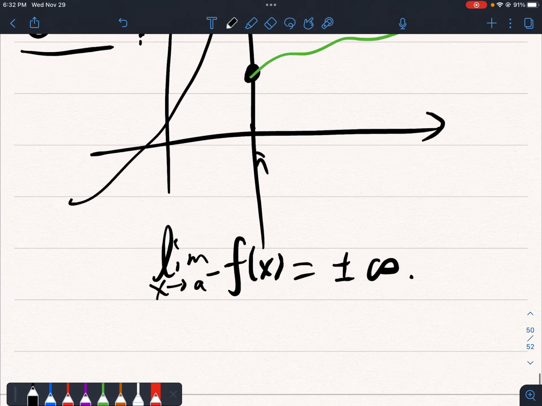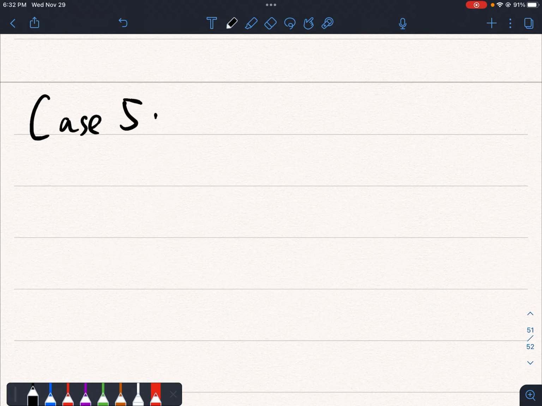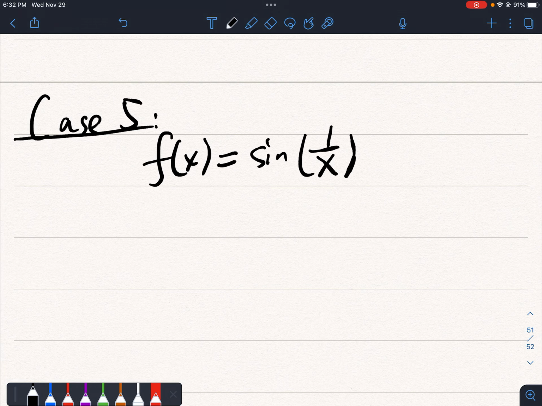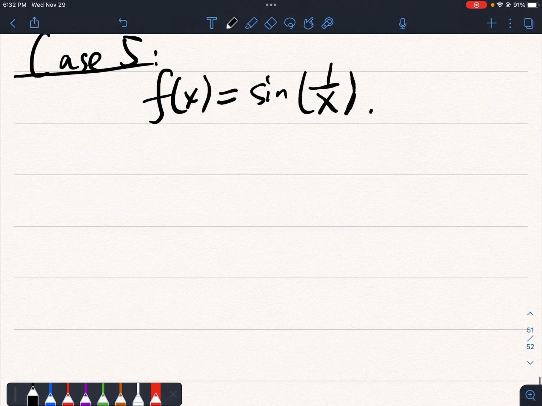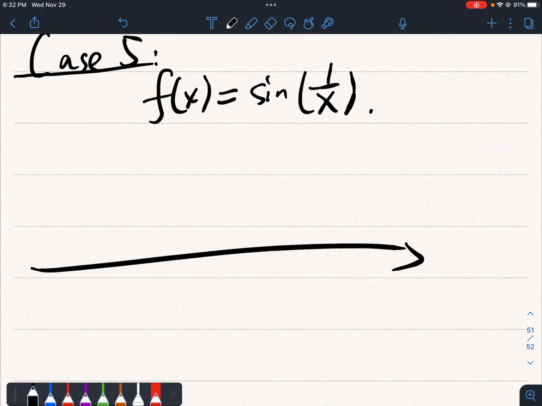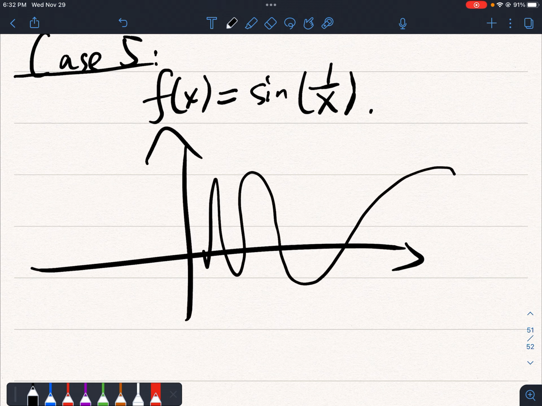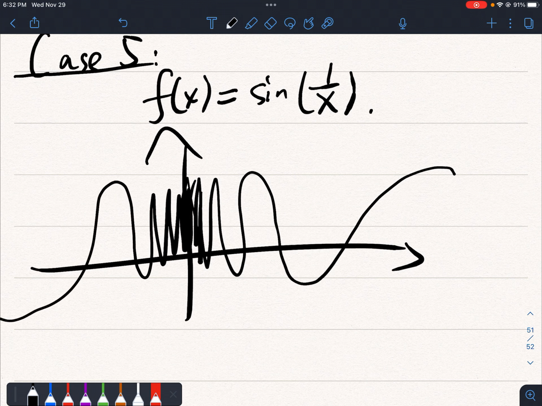And there is actually another case, which is actually very, very important, but it can be very hard for beginners to understand. So this is the example of f of x equals sine of 1 over x. So if you look at the graph, then it's something like this, right?